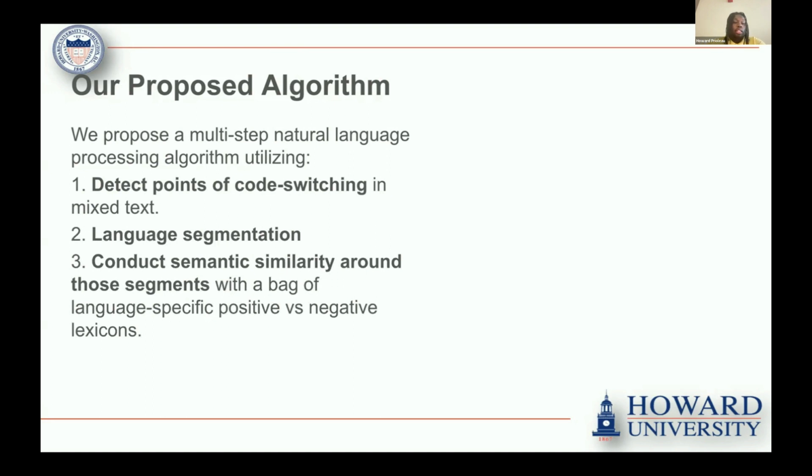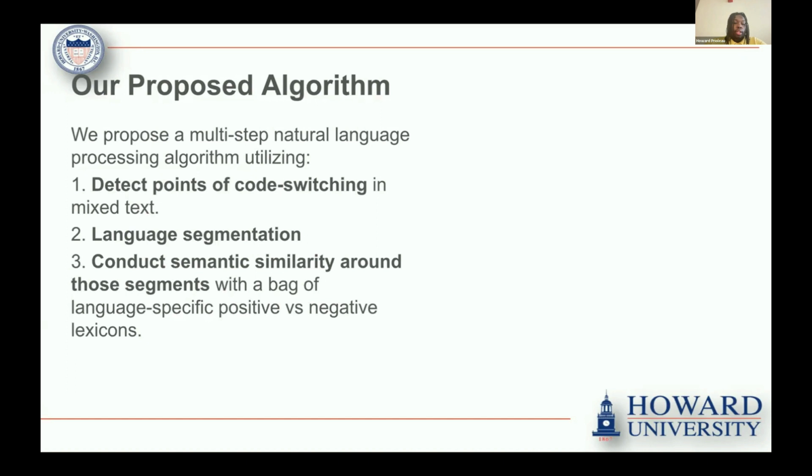For a Spanish English text, for the same sentence, we would split all the words that are Spanish into one segment and all the words that are English into another. And then we would conduct semantic similarity around those segments with a bag of language specific positive versus negative lexicons.